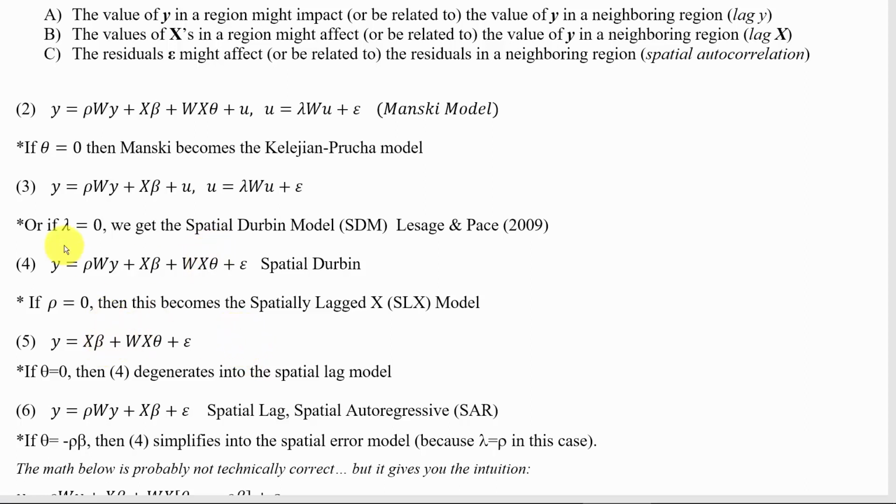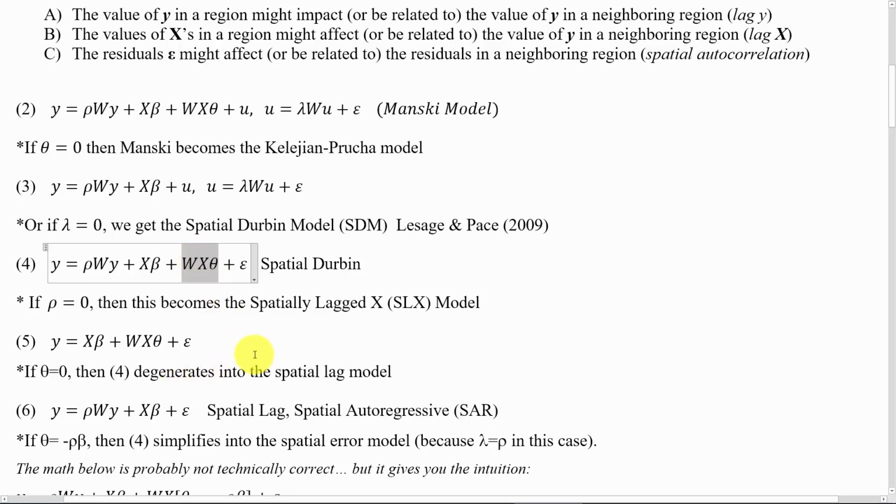Now, another way that we can simplify this equation number 4, this Spatial Durbin kind of model, is what if we set this vector of thetas, like we were talking about before, what if they were all equal to 0? Then we're either making the assumption, or we sometimes let the data tell us, is this true? We can test to see, are all of these slopes 0 for all of these explanatory variables for the neighboring values of these explanatory variables?